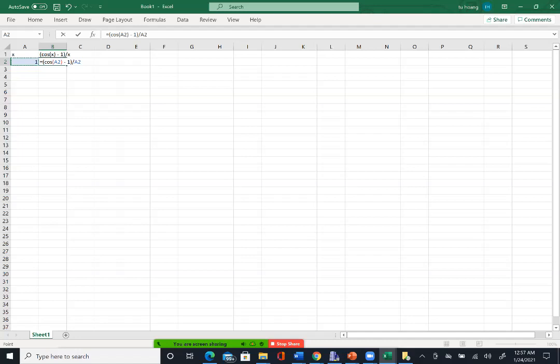Okay, so now it's going to be equal to 0.4597 something. I'm going to put 0.1, 0.01, 0.001, and 0.0001. And for the last step, I'm just going to click on the first answer and then move to the right corner of that, and then hold it and drag it until the last row.